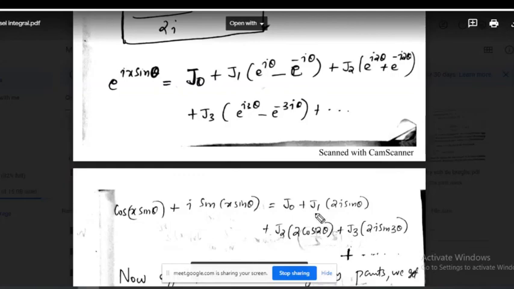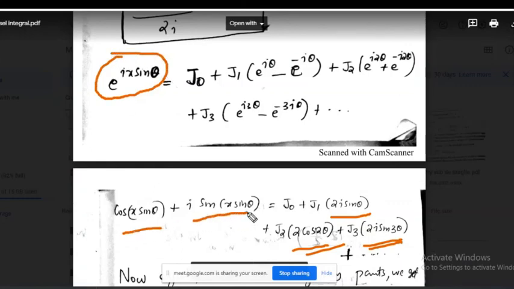I have written here J1 2i sin theta, here J2 2 cos 2 theta, J3 2i sin 3 theta, and on the left hand side this one I am writing as cos(x sin theta) plus i sin(x sin theta).